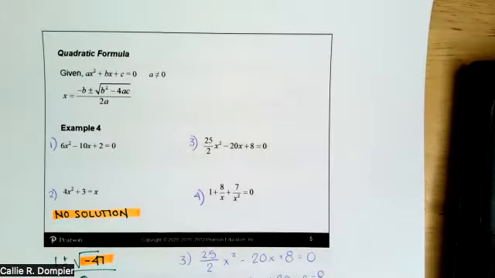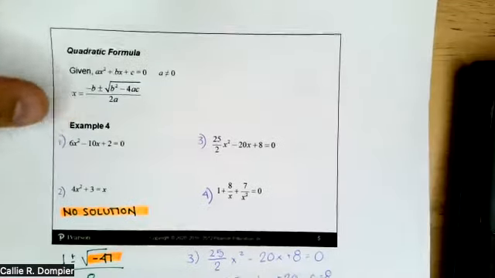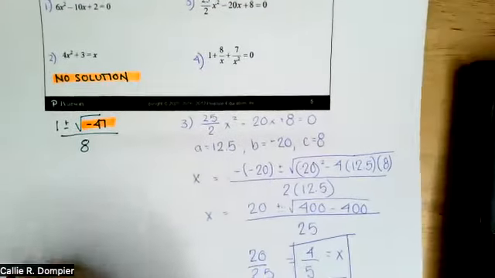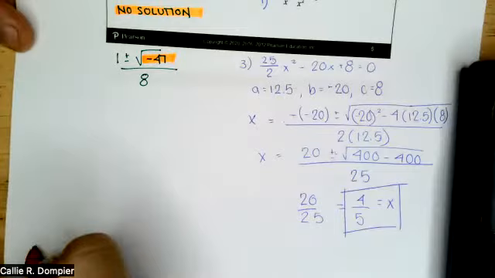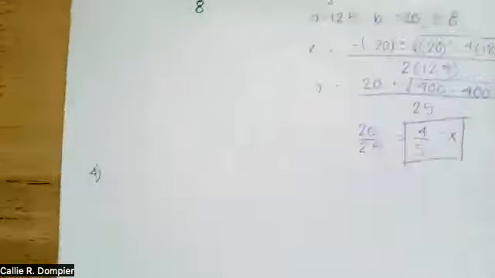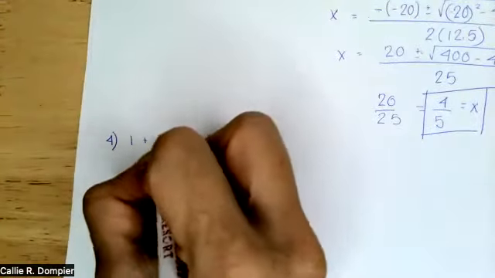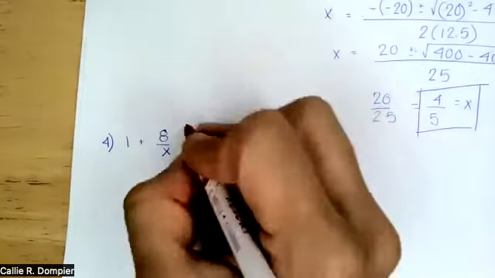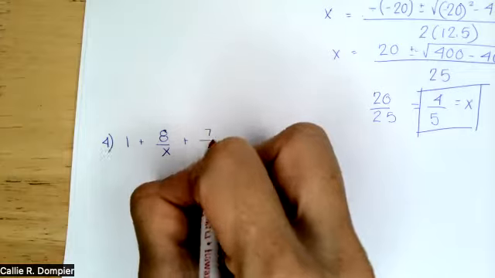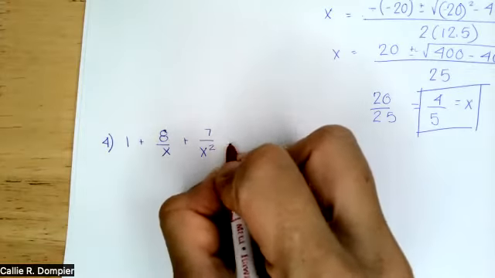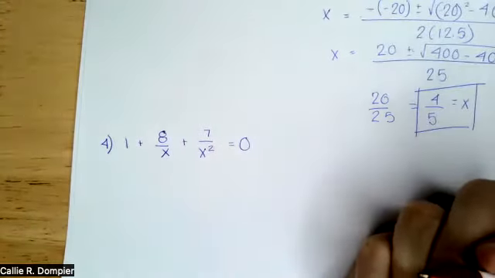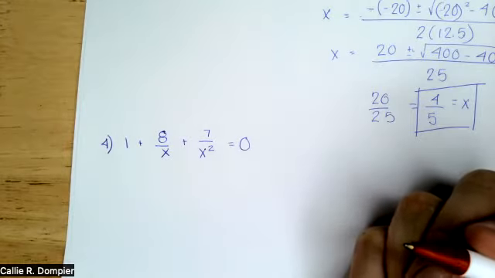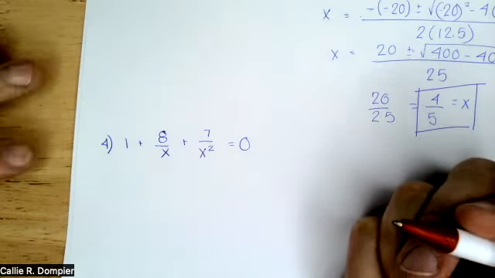And then number 4 is a weird one. We have 1 plus 8 over x. That's not usually where x is in a fraction, is it? Plus 7 over x squared equals 0. Well, it's in standard form, but I do want to get rid of the fractions, right?